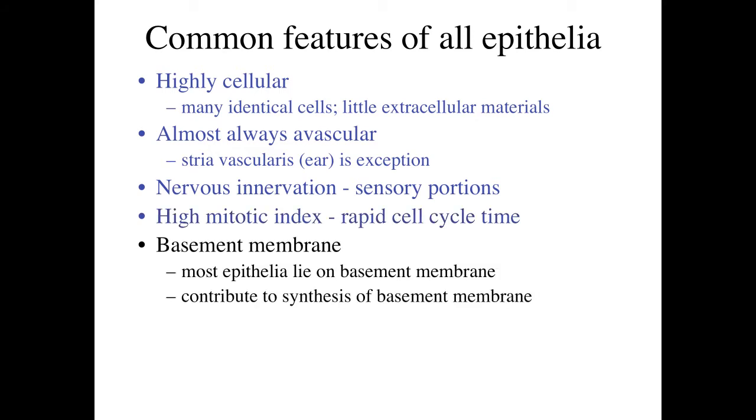Epithelia rest on a basement membrane, as we alluded to just a minute ago. Most epithelia lie on a basement membrane, and epithelia contribute to the synthesis of this basement membrane, as do the underlying connective tissue cells. There are junctional complexes between epithelia to attach epithelial cells cell to cell, and maybe also to help attach epithelium to their underlying basement membrane.